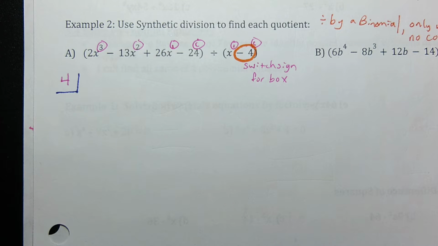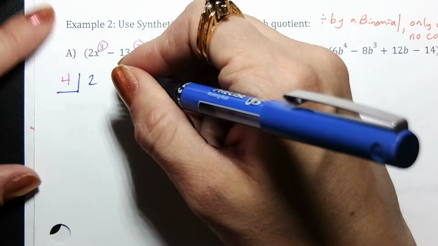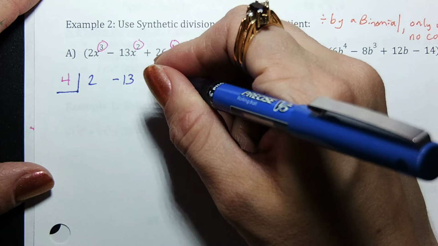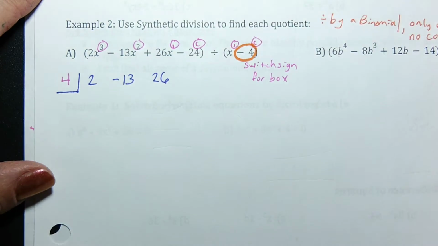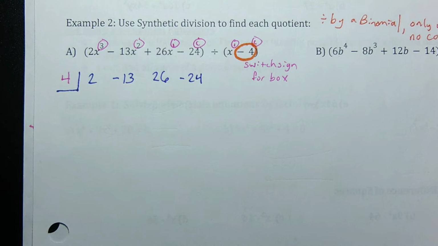Next, we are going to list out all the coefficients of the dividend. So 2 for x cubed, leave a little space, -13 for x squared, 26 for x, and -24 for the constant. It's kind of nice because we sort of set the variables aside and say we're only going to focus on the number aspect of this.